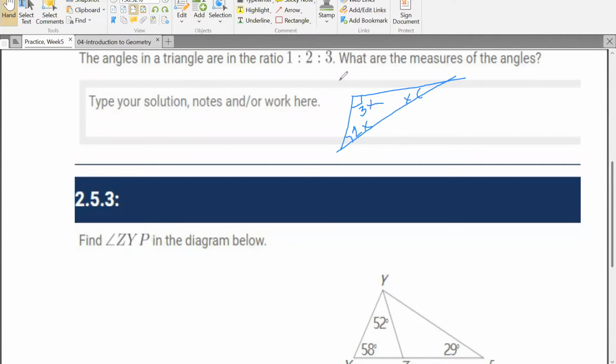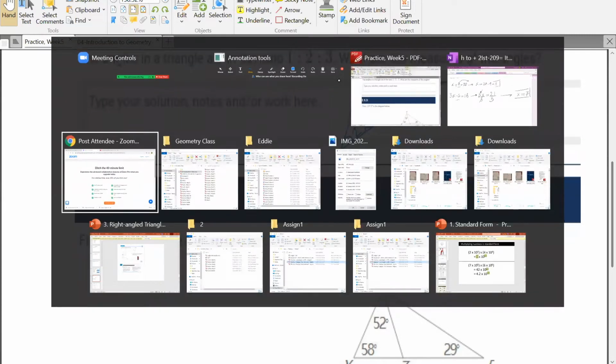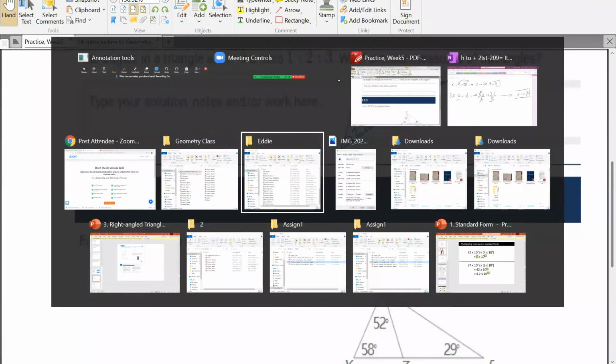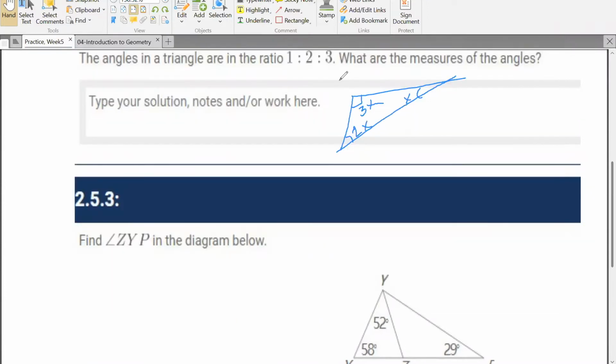Well, how do you get that? Let me see who posted that. Here's the chat. Oh my goodness. That's true. x is 30, but how do you get that?